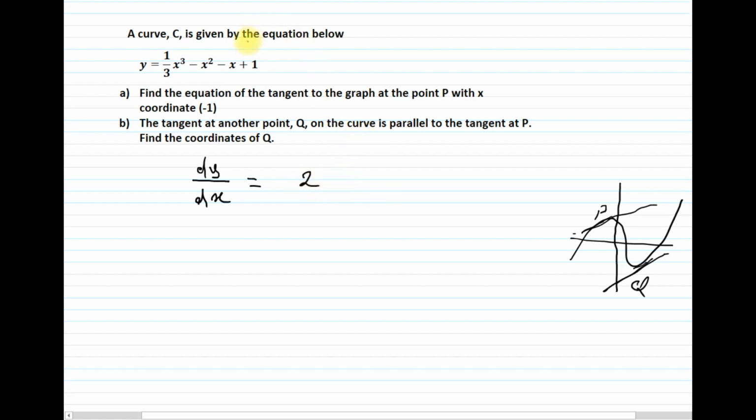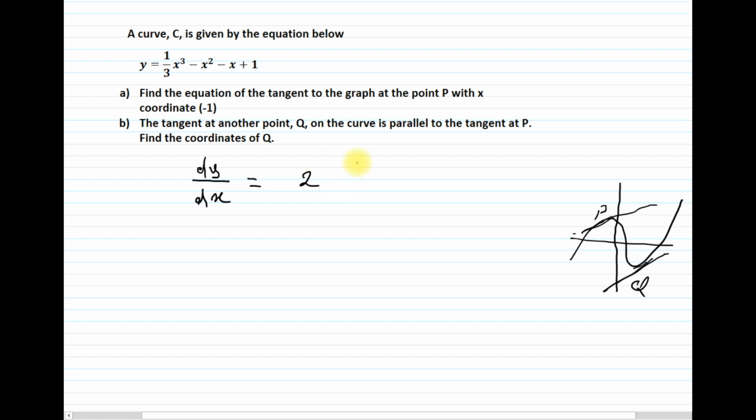And because y is a cubic curve, if I differentiate it, dy/dx, as we saw earlier, is a quadratic expression. So if we set that equal to 2, then we should get two points where dy/dx is equal to 2.